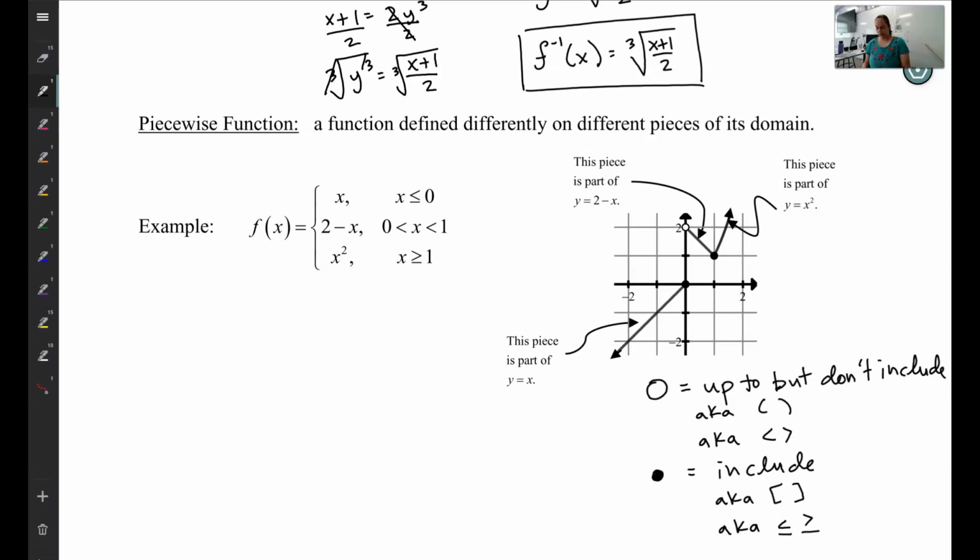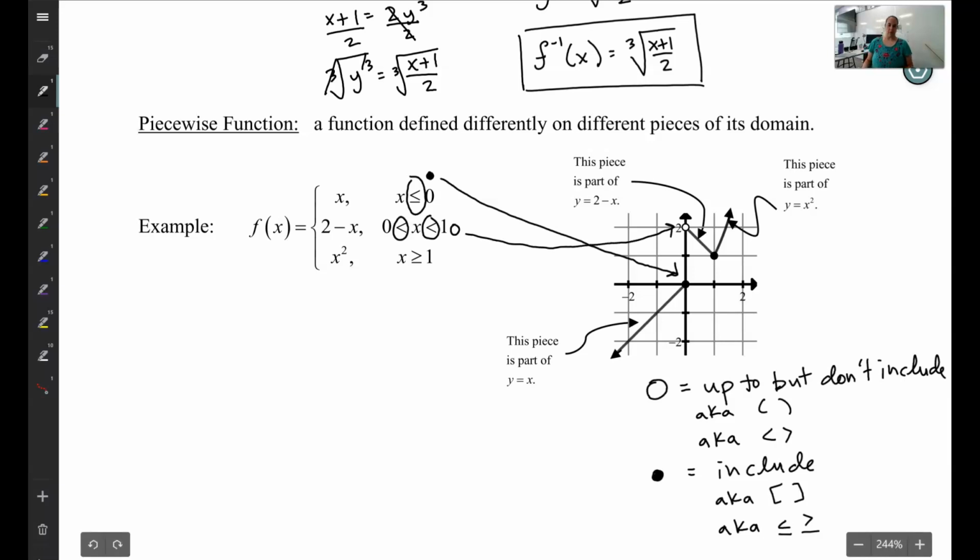So if you look at this one right here, it says x is less than or equal to 0. So that means for that part of the piecewise function, we're going to have a closed circle, which you can see right there. These ones are both less than, so that's going to be our open circle, which you can see on the left side of that piece.